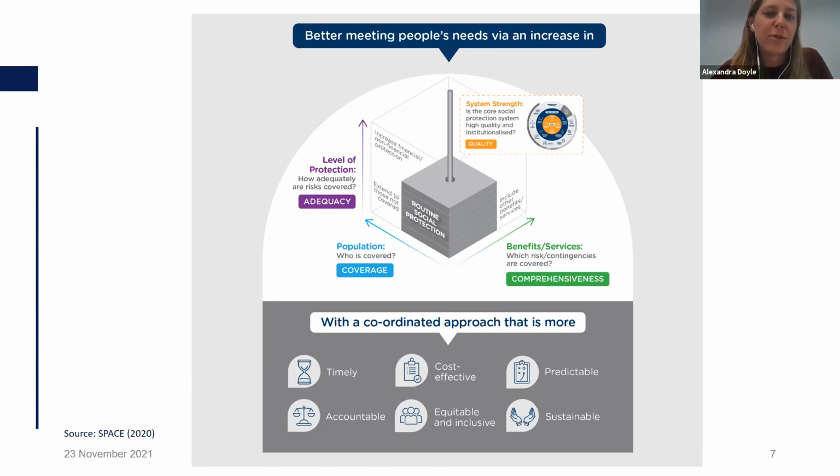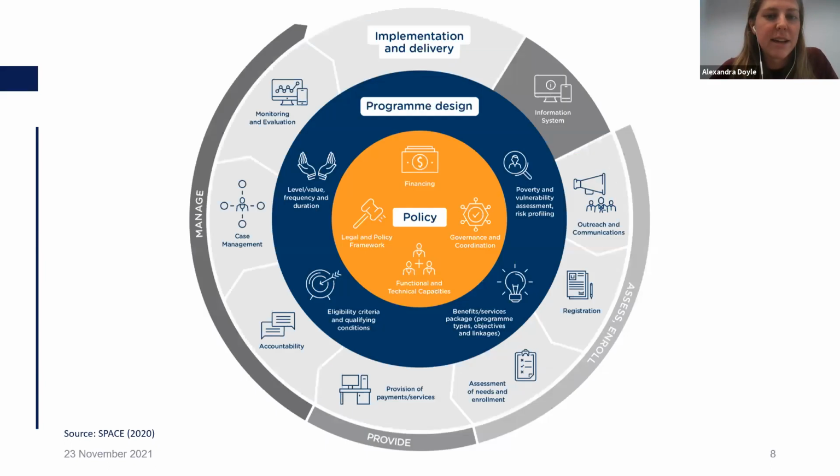And what we've learned throughout this response is that existing systems and existing capacities that were in place for routine social assistance has been one of the main enablers of the response across the countries. And countries with well-developed systems and well-developed capacity were able to respond quite effectively. So the diagram on the next slide represents this kind of core system.